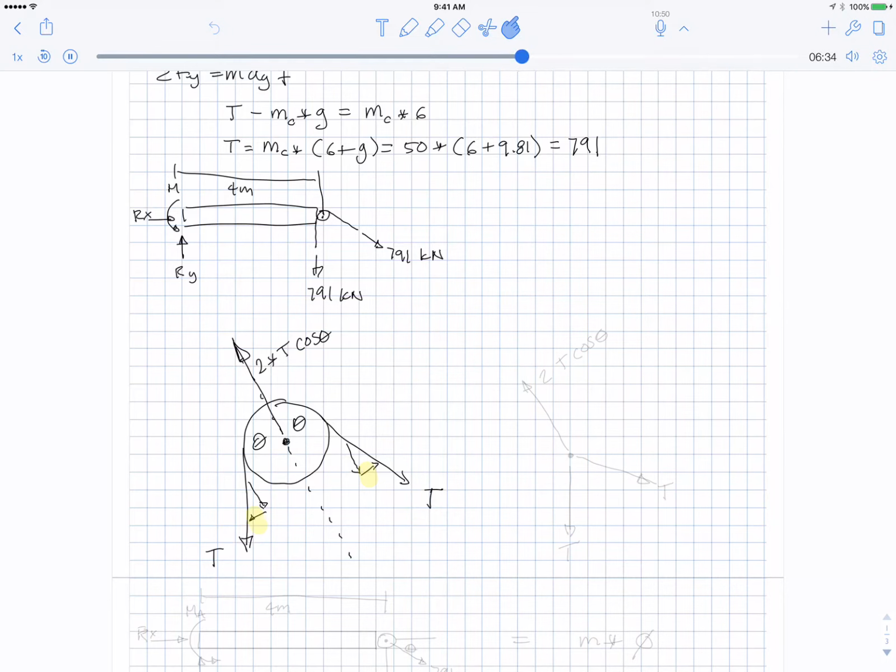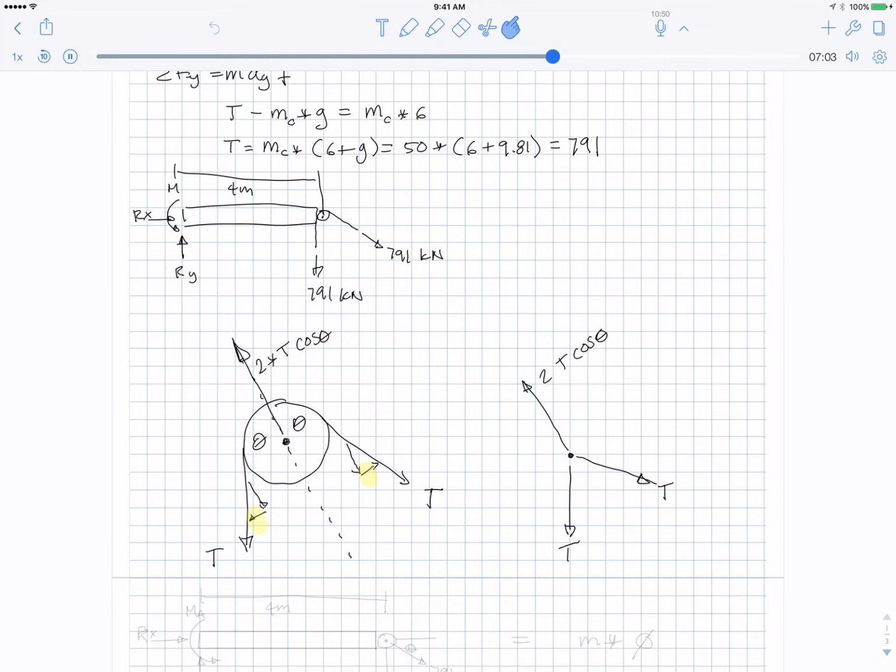And then when you put it all together, it's the same thing as this. Here we go, 2 T cos theta. And that's going to equal vector-wise to this. It's as if those original tensions were applied at the center of the pulley.